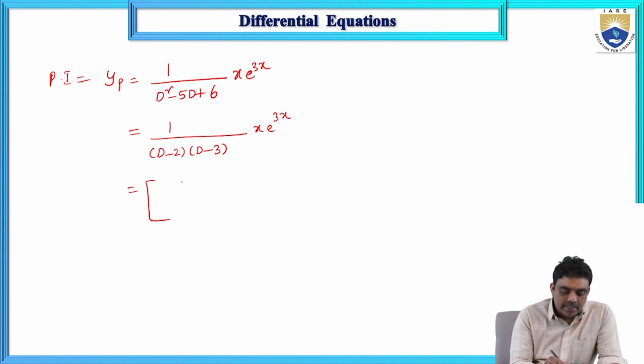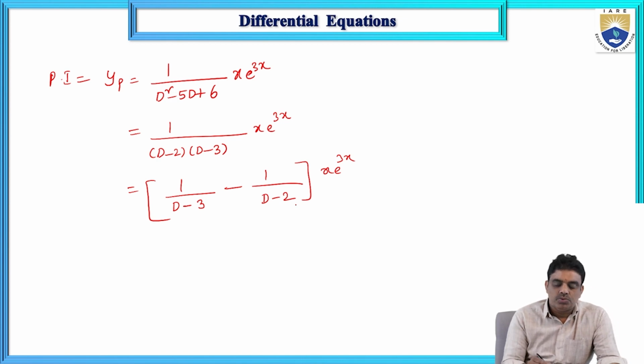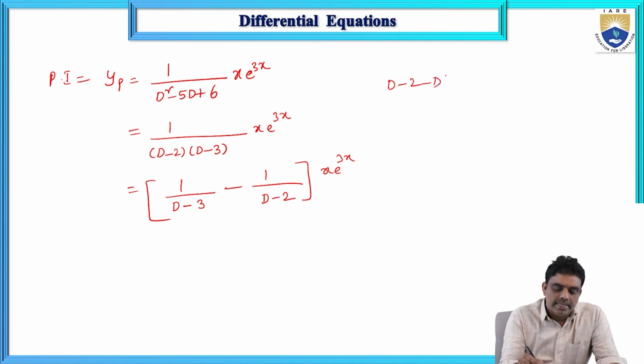So I'm writing in partial fraction notation 1 by d minus 3 minus 1 by d minus 2. So check the value on writing in numerator d minus 2 minus d plus 3. So 3 minus 2 is 1.